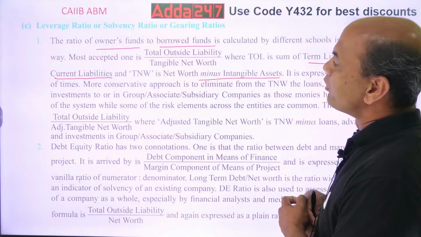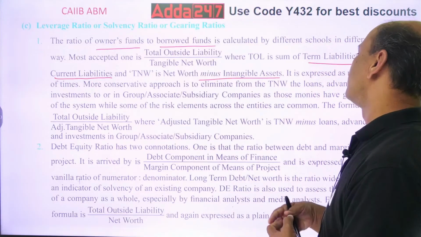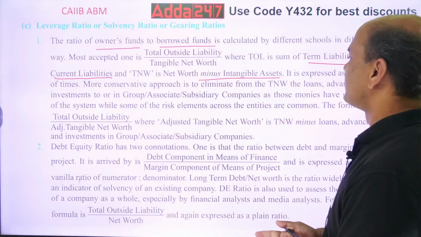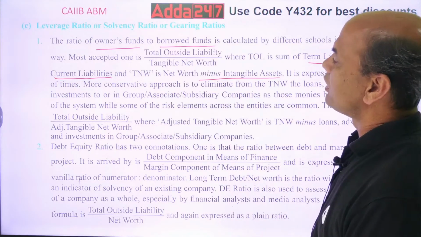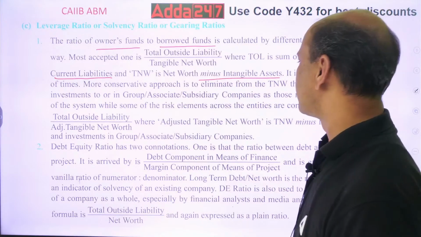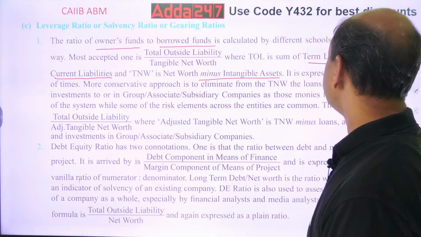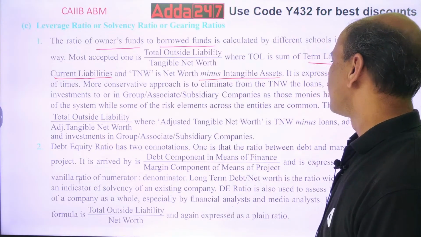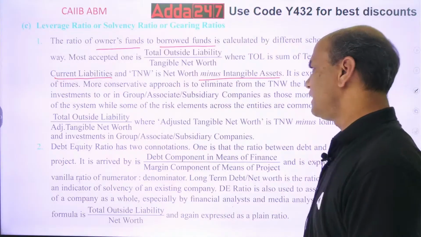Okay. A more conservative approach is to eliminate from the total net worth the loans and advances and investments to or in group, associate, subsidiary companies, as those monies have gone out of the system while some of the risk elements across the entities are common, right?